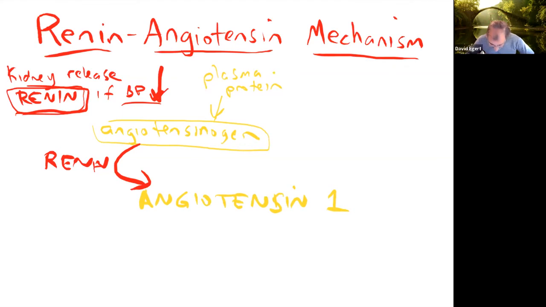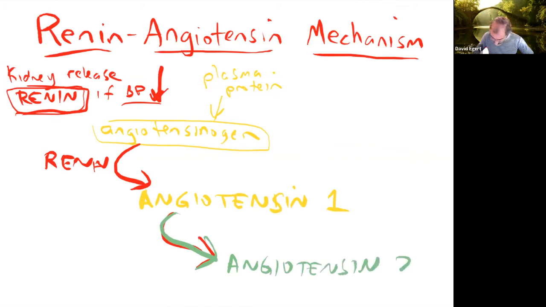And then angiotensin 1 is not yet our active thing. Angiotensin 1 is going to get converted into angiotensin 2, and this is going to be catalyzed by something called ACE, angiotensin converting enzyme.